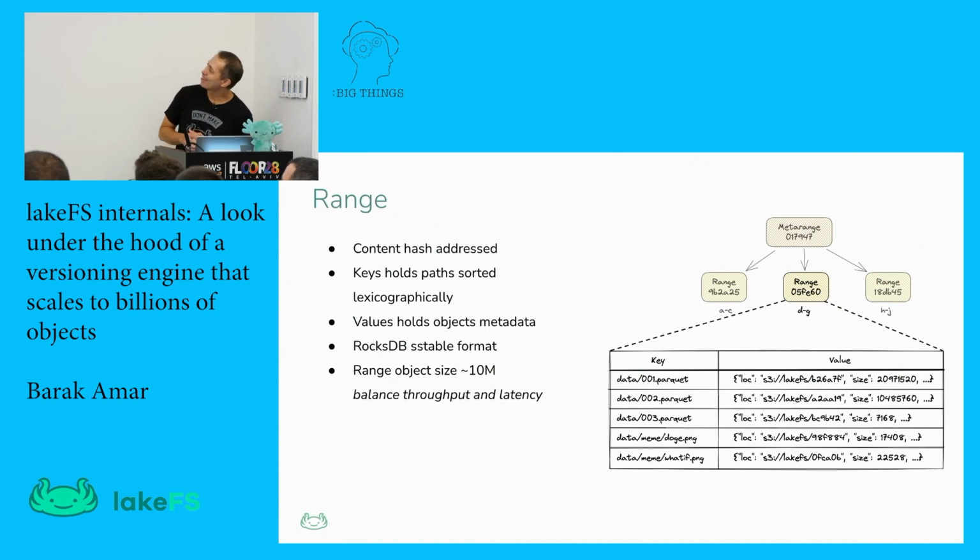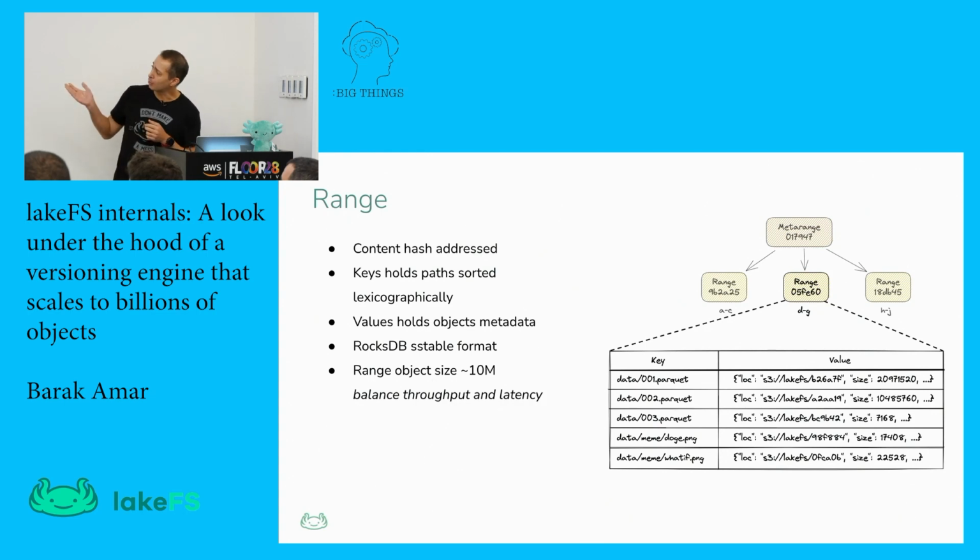And if we drill down into the range, you will see that it actually holds the metadata that the versioning engine manages. It's lexicographically ordered metadata information: the logical location of the file, and the metadata that includes the physical location of your actual data. The range is also hash content addressable, and the size, if you remember at the beginning that we forged Git-like trees, is now controlled by lakeFS.